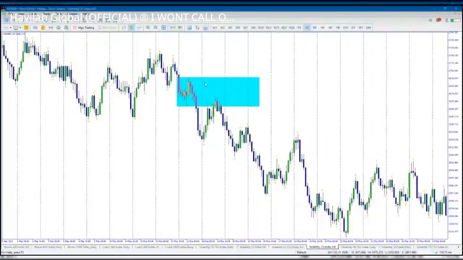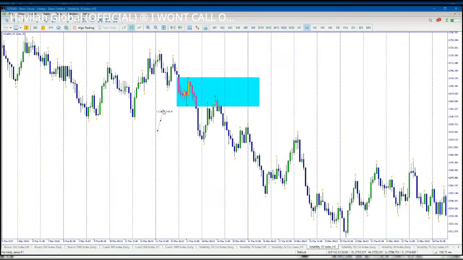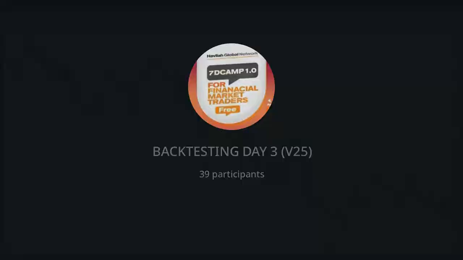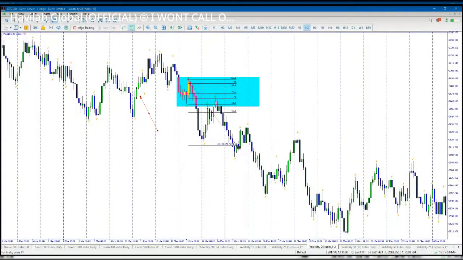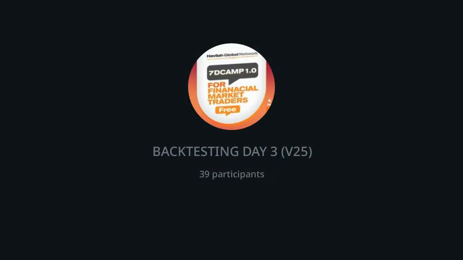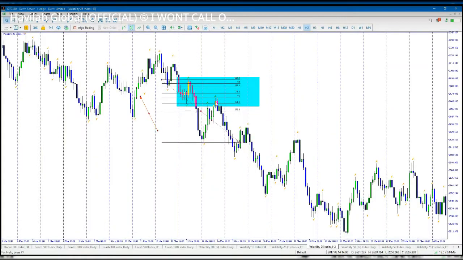Okay, so still internal structure. High, low, high, high, low, high, low, high, low, high. So drawing my fibs from here, looking at the internal structure, you can see actually that this guy moved above the 50%, a validation for this sell.